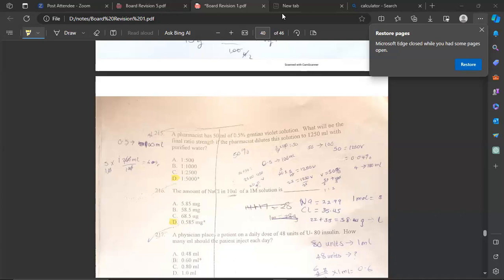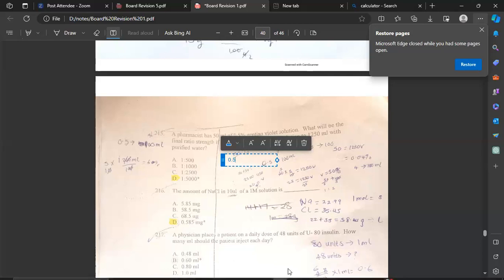Percentage of the. The formula is on the chat box.